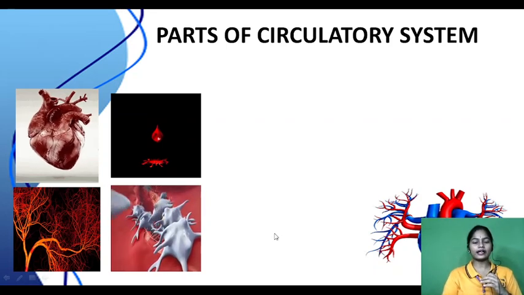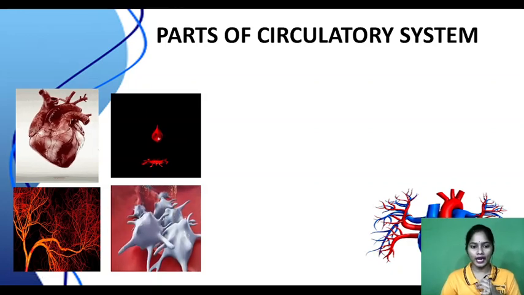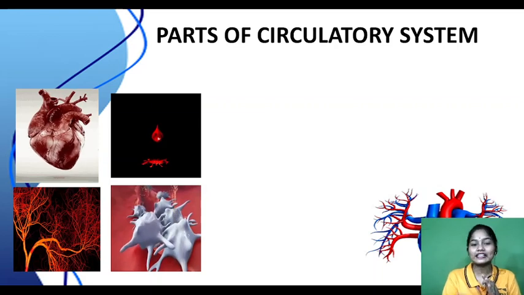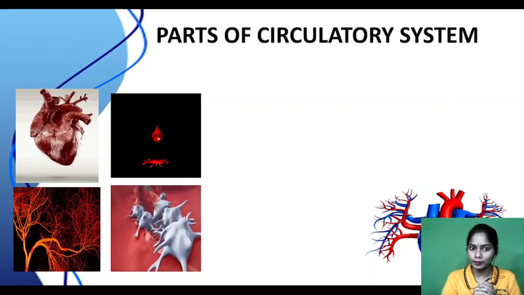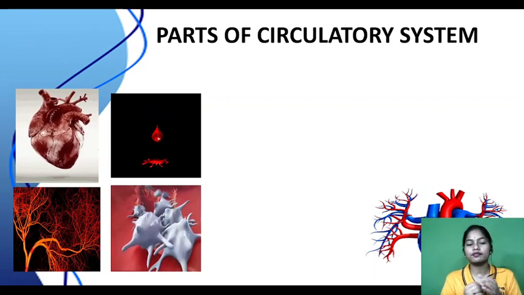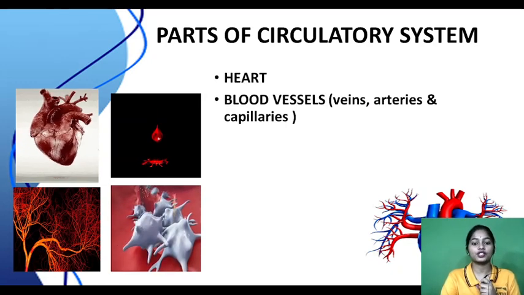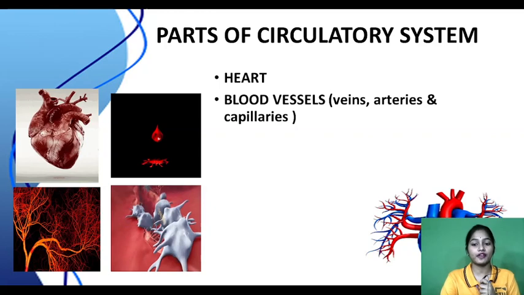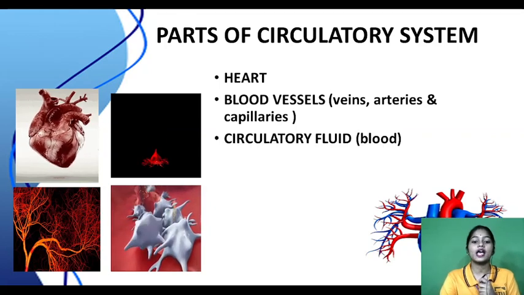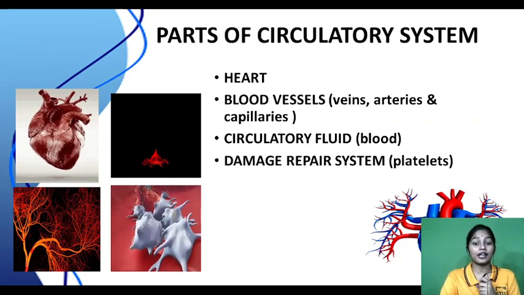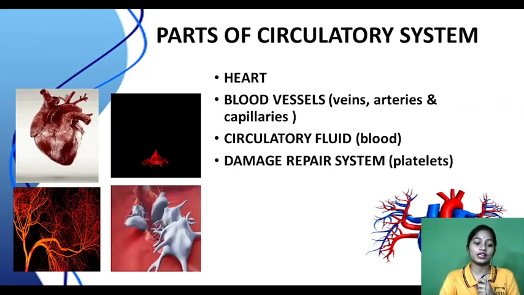Can you recall that whenever you have a cut on your hand, after some time the bleeding stops? So these are the platelets which help in stopping the bleeding. Otherwise, we will feel the loss of blood, right? Yeah. Now see, first one is heart, next one is blood vessels, which includes veins, arteries and capillaries, and circulatory fluid, which is blood, and damage repair system, which is platelets.